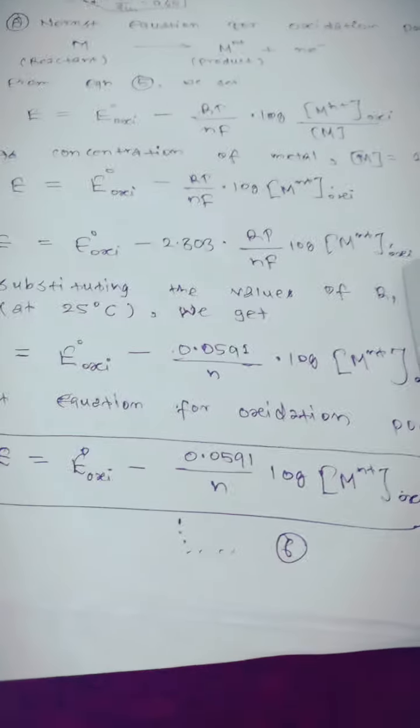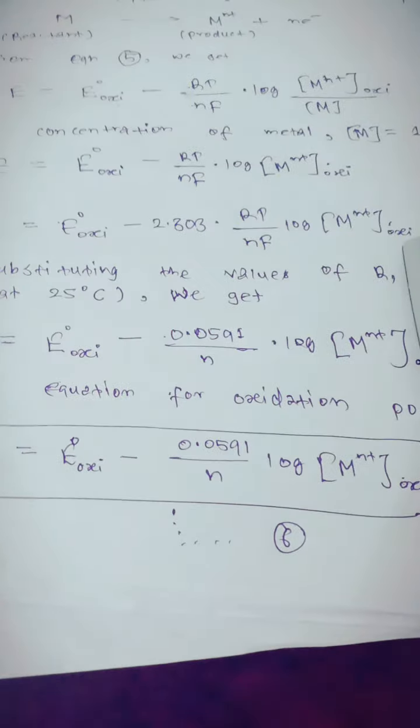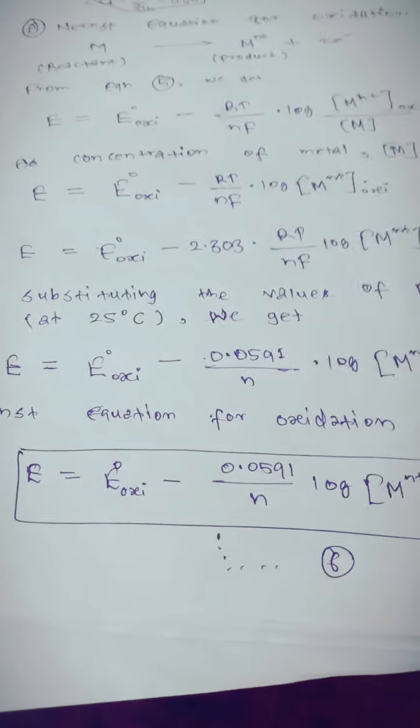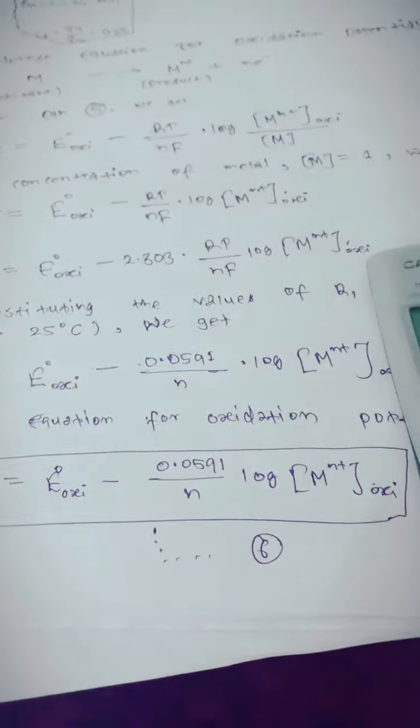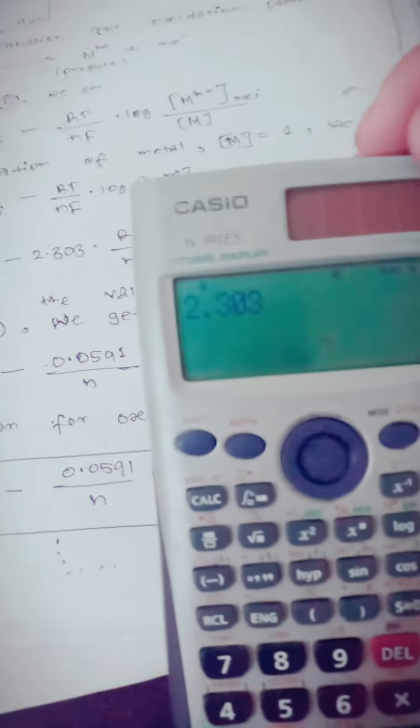If we divide 96,500 by 25, then 2.303 will come. So in this way, this value will come.